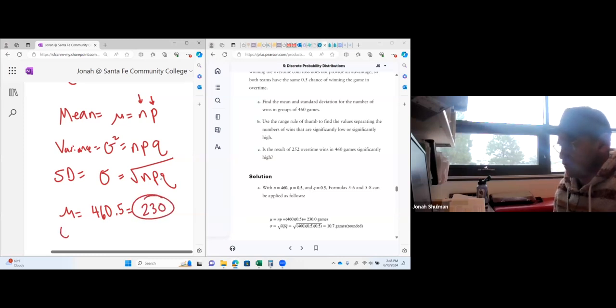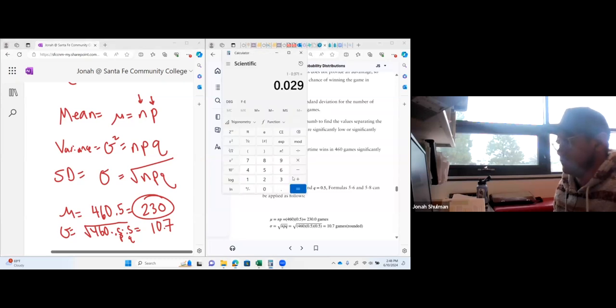Our standard deviation is the square root of 460 times 0.5 times 0.5. So that's it happening versus it not happening. 0.5 times 0.5 is 0.25. So what is 1/4 of 460?